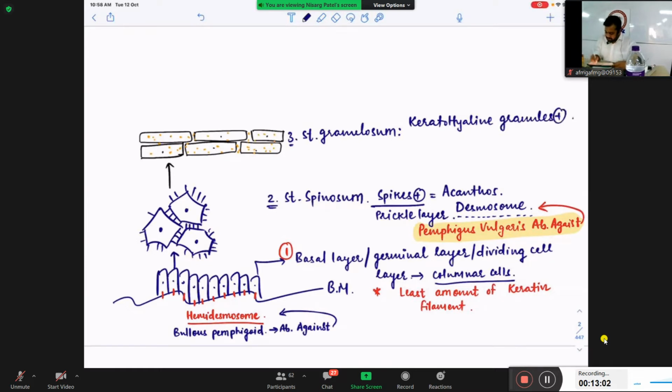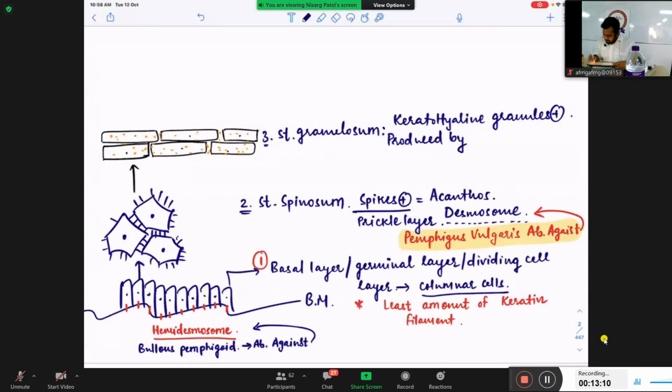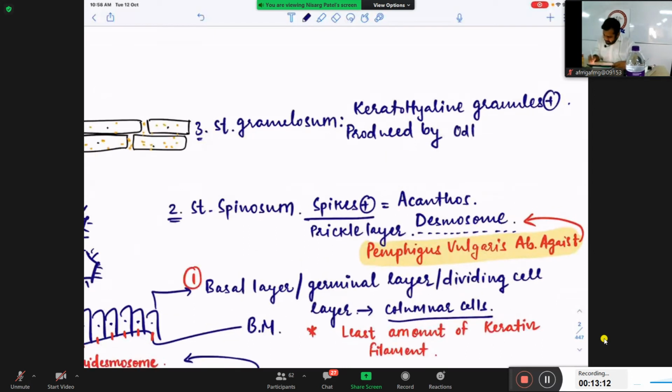Keratohyalin granules are present, which are produced by the Odland body or the lamellar body.